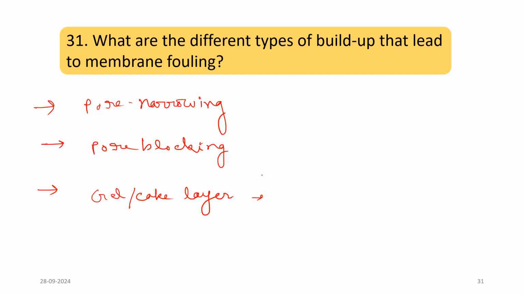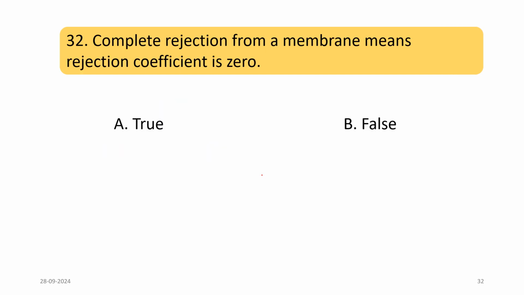The rejection coefficient is σ = 1 − Cp/C. The statement is false.